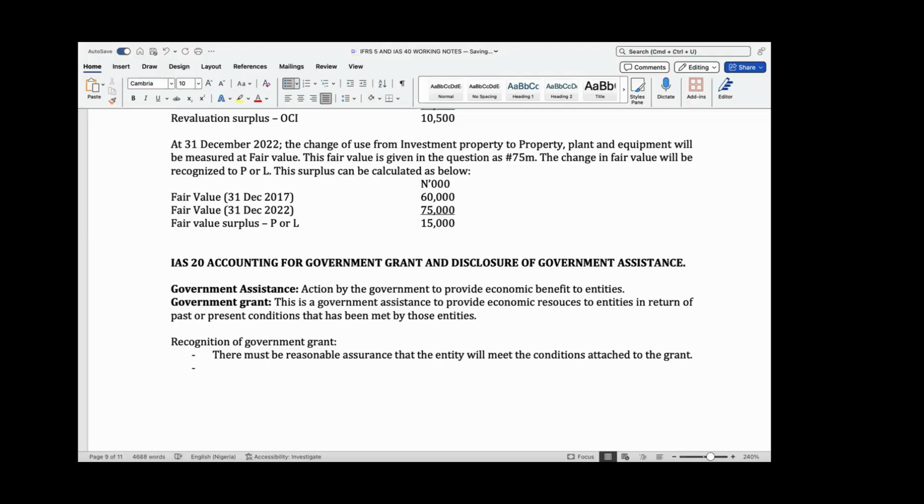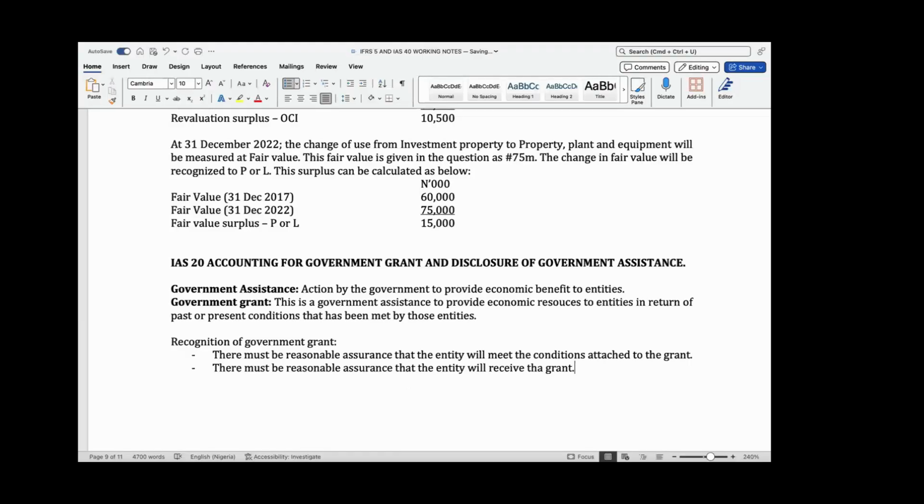Number two, there must also be reasonable assurance that the entity will receive the grant. So these two are what needs to be met before you can recognize government grants in our books.